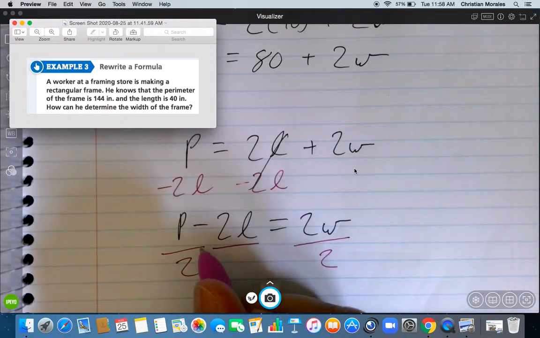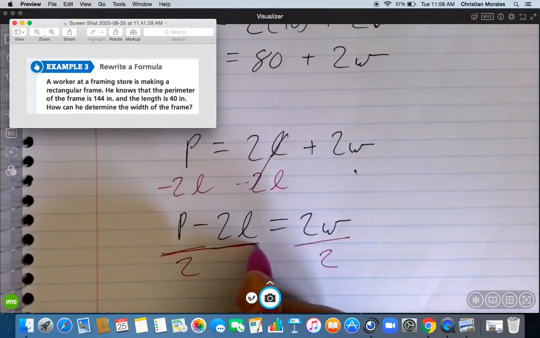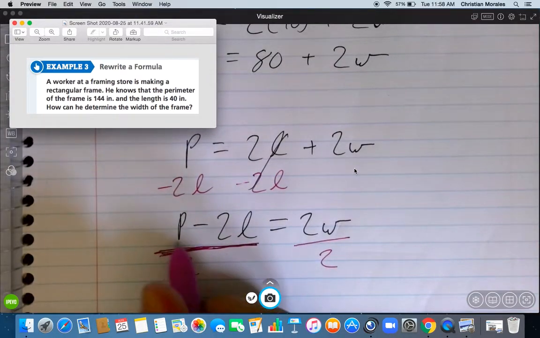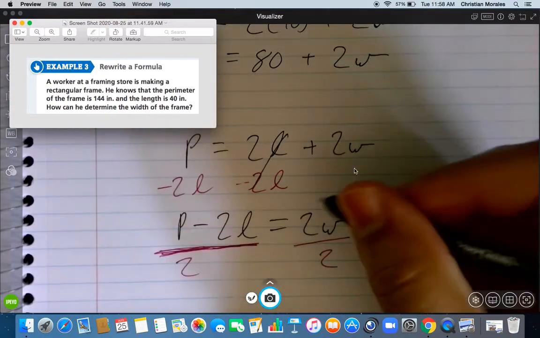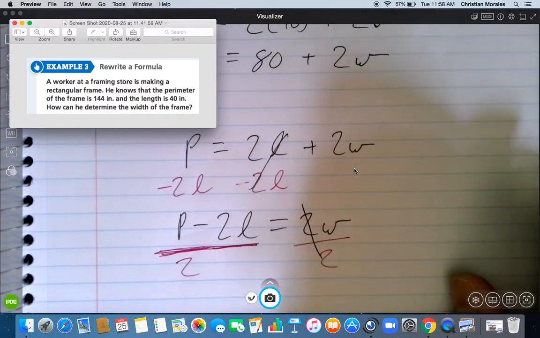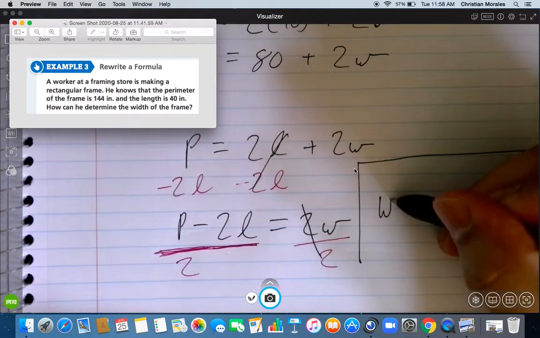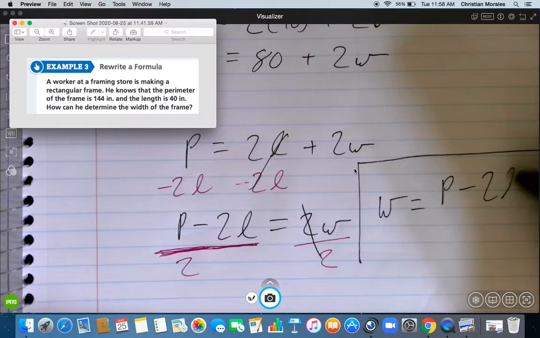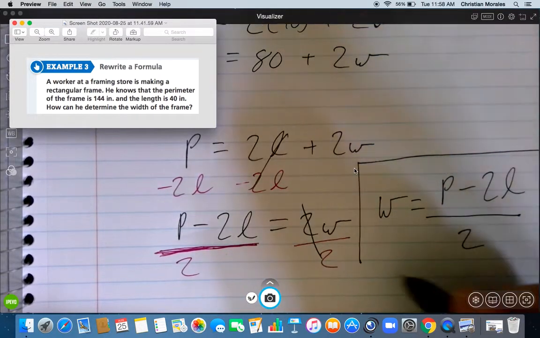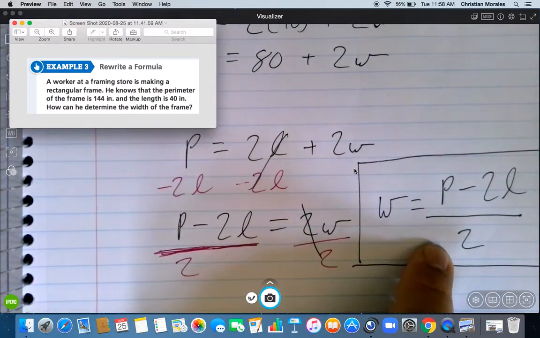So what you can do is you can put 2 underneath each number, or you can just put the entire expression, that entire thing, divided by 2 like that. The 2's cancel out. So your formula to find the width is P minus 2L divided by 2. And this is the way the book did it. The book uses this formula to solve for it.